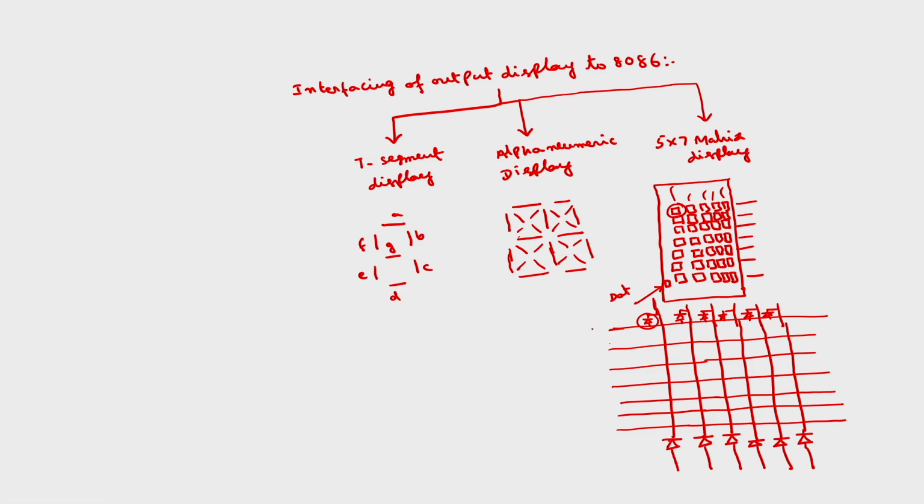Like that, by properly selecting these rows and columns, we can select any of these segments, thereby we can display any digit or any alphanumeric letter. Okay. This is about the 7 segment display.